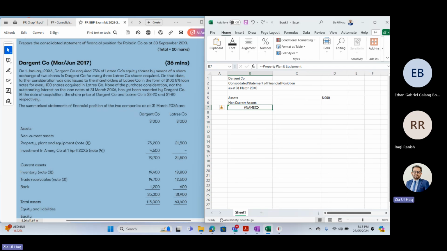Sorry, is equals to sign, equals to sign. Writing as a formula. Yes, because there's a subtraction of zeros. It's fine now. Okay, next we are having investment in Emery as well.